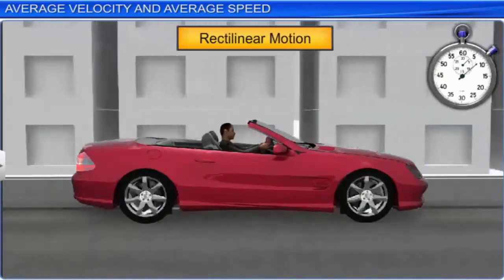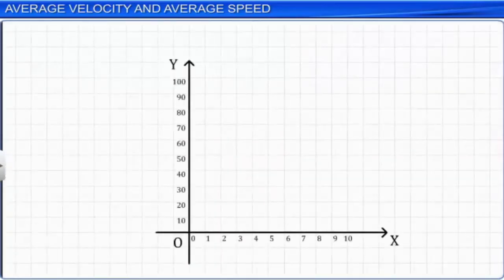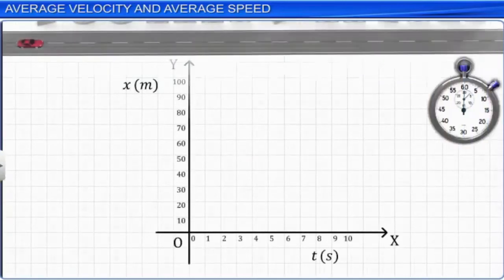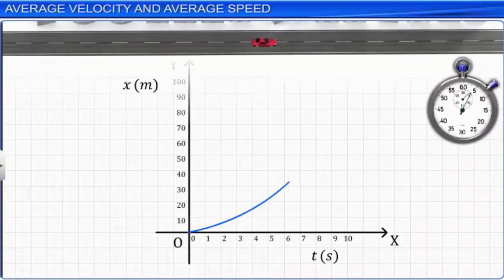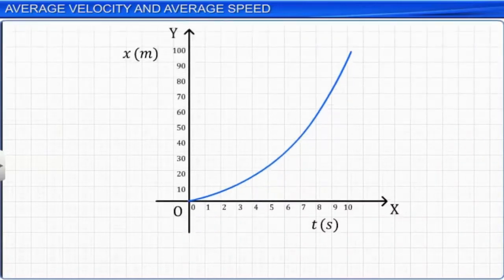Let's plot an x-t graph of this motion. A body starts at the origin and travels through a certain distance x meters in time t seconds. Let us mark 2 points A and B on the graph obtained.